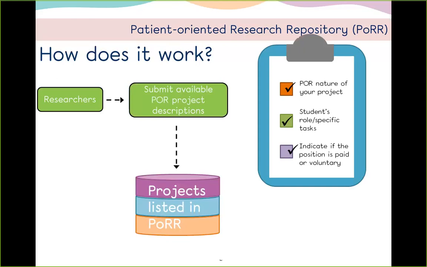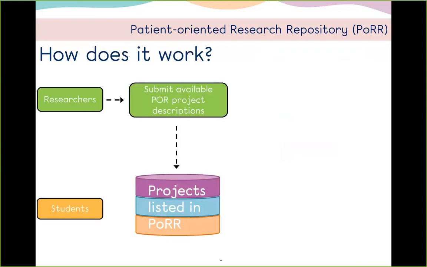So what we're hoping to capture here is if any research projects were interested in, say, something like a directed study student, they could pre-populate this database with some suggested projects, and that would cover some of the voluntary positions. Ideally, if they do have a funded position, this is one way for them to connect with trainees as well.